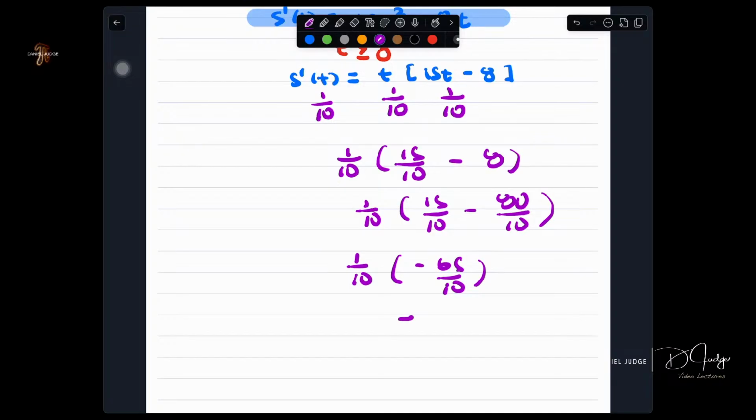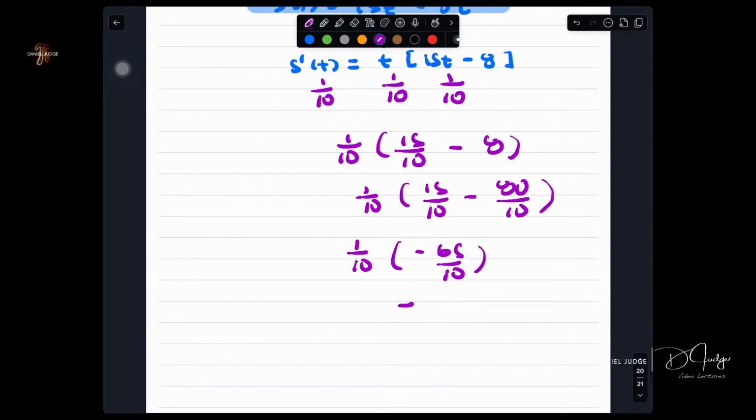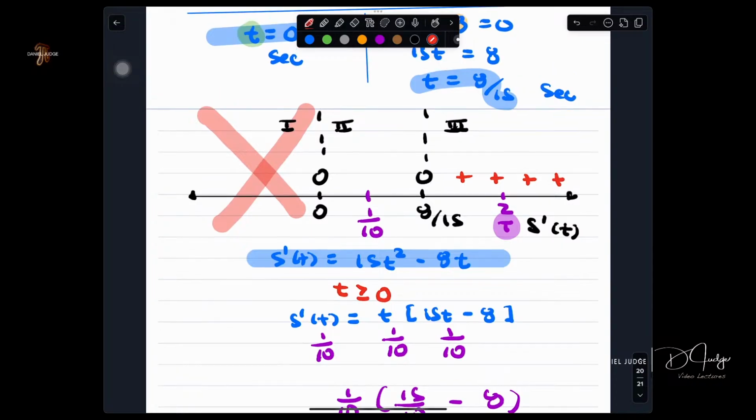I know it's negative 65 over 100, but I don't care about the value. I care about the sign. It's positive times a negative. So this would be a negative answer right in here. Particles moving to the right. Particles moving to the left. Particle stops at 0.